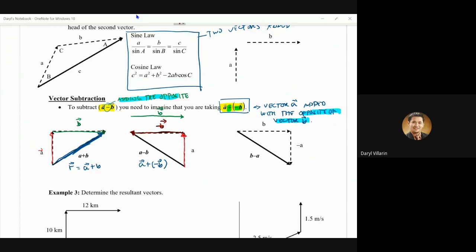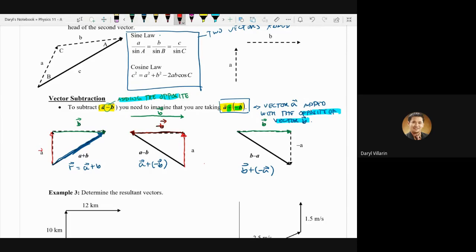So therefore, the direction of my negative B is towards west. And same thing here, you have B minus A. But if I'm going to write it out, that is just the same thing as B plus the negative of A. So is it not that when we write our vector, vector B is towards right or east, plus the negative of A. A is going north.